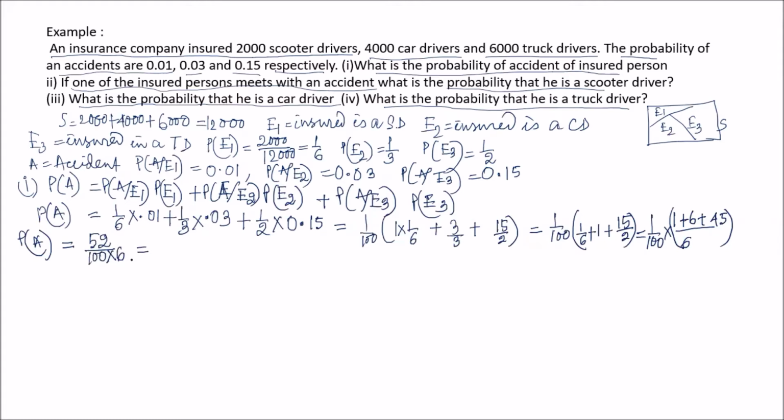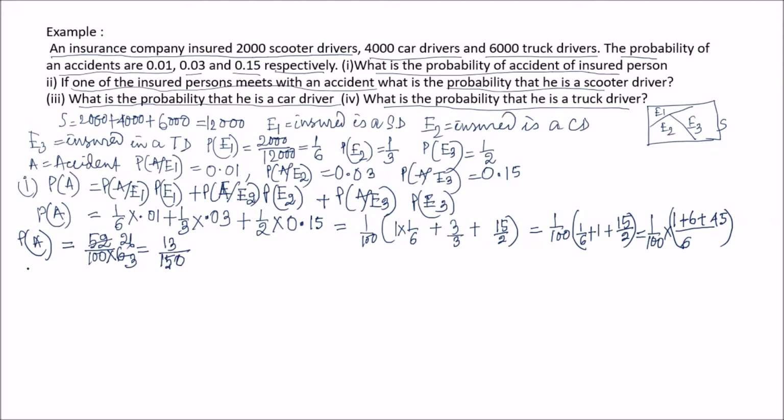So we can cancel 2 with it, 26 to 3, and you can again cancel 2: 13 by 150.